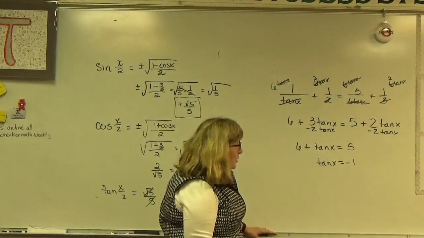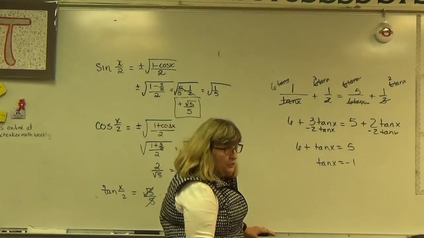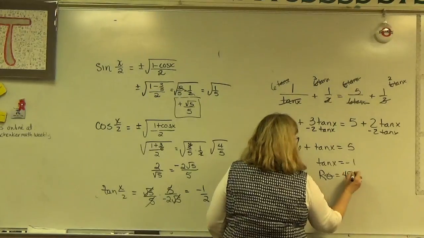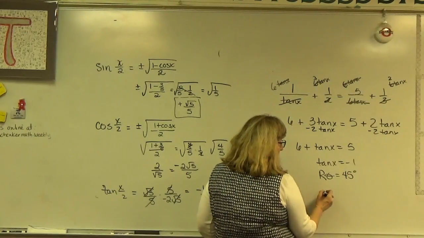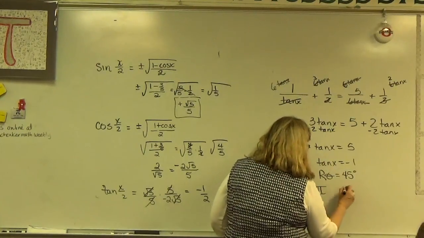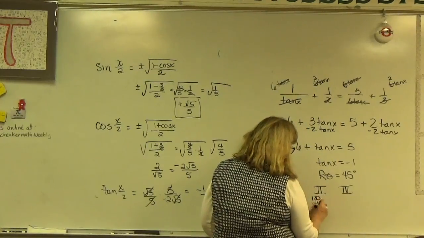So what's the reference angle for tangent of 1? You can either use your calculator or I think that one's on the chart. Tangent of -1 is 45. But what quadrants is tangent negative in? Second and fourth. So to place the 45 in the second, it's 180 minus it.